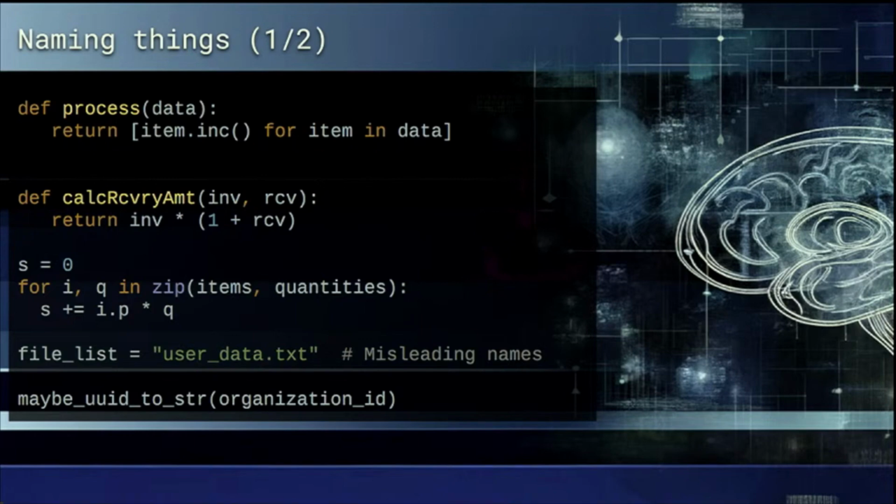Yep, so single letters or anything like this. There is S, which probably stands for some, maybe. I and Q stand for item and quantity, because it's based on the code, but who can tell me what P stands for?